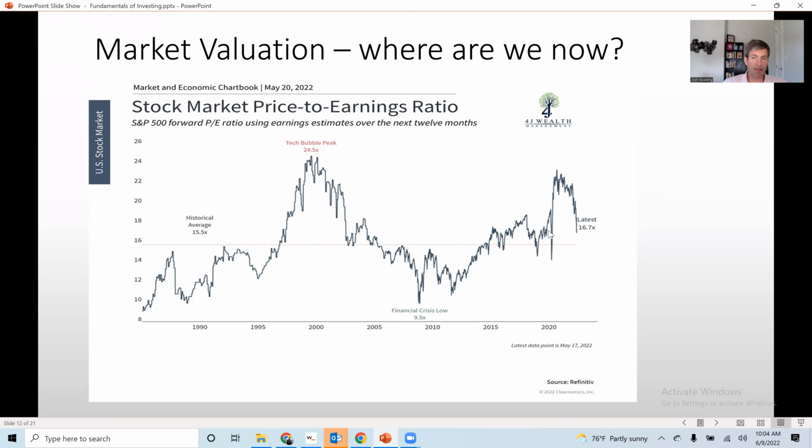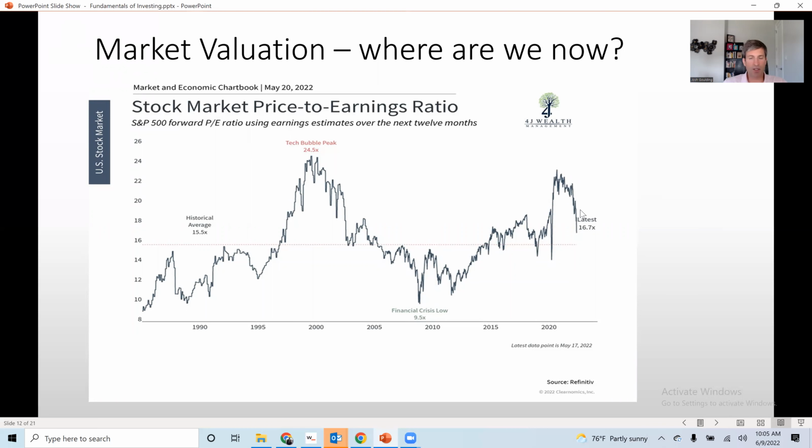Coming out of the pandemic, with very easy monetary policy and a lot of fiscal stimulus, you saw valuations get to pretty frothy levels. And a lot of that is now unwinding as the economy is opening up and inflation and interest rates are going up. But we're at, I would say, a much more reasonable level now than we were a year ago, when people were much more comfortable and optimistic investing in the stock market.